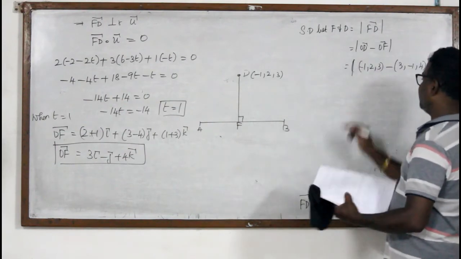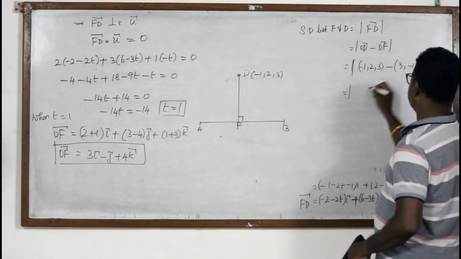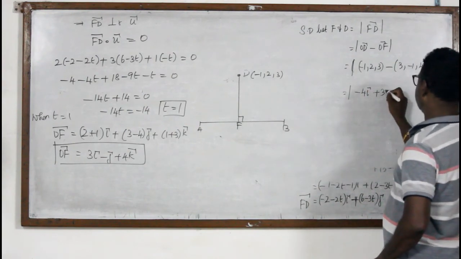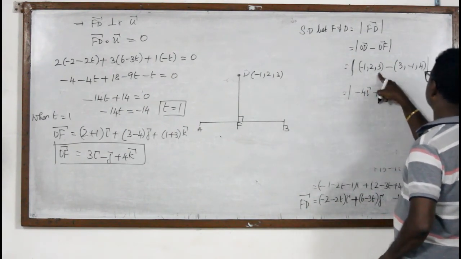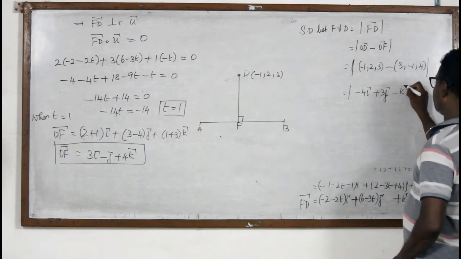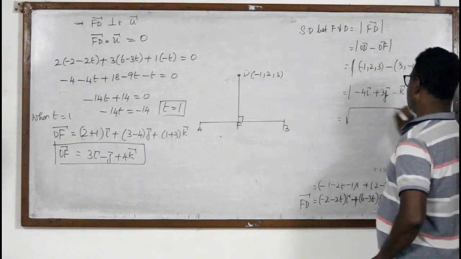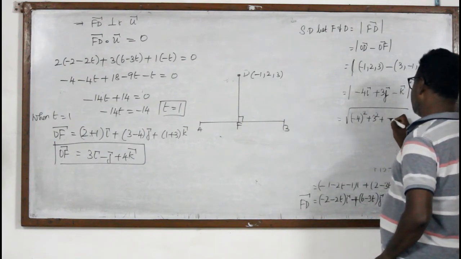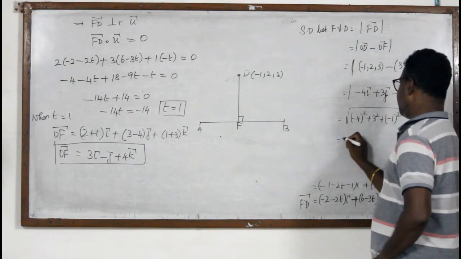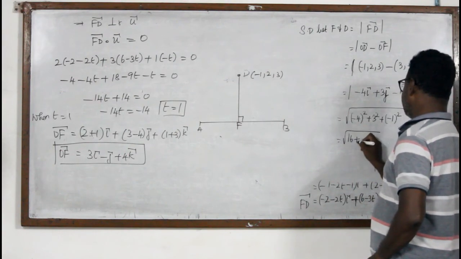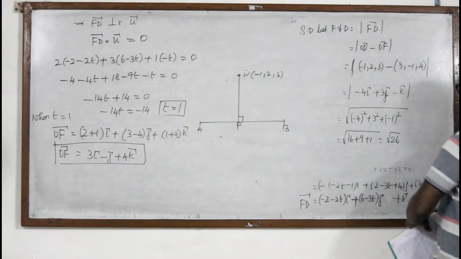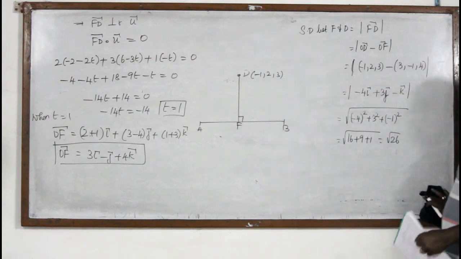Let me write it in ijk format: (minus 1 minus 3)i, (2 plus 1)j, (3 minus 4)k, that is minus 4i plus 3j minus k. The modulus is the root of (minus 4) squared plus 3 squared plus (minus 1) squared. It is 16 plus 9 plus 1, which is root 26. This is the shortest distance between these two points.